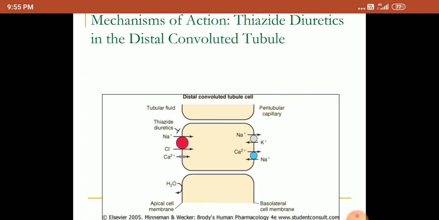It reduces the extracellular volume, so the load on the heart is reduced. Except for metolazone and indapamide, most thiazide diuretics should not be given, or rather are contraindicated, when GFR is less than 30 ml per minute. In primary hypertension, it is the drug of choice. Initial monotherapy should be prescribed in old, obese, female patients, and in blacks.